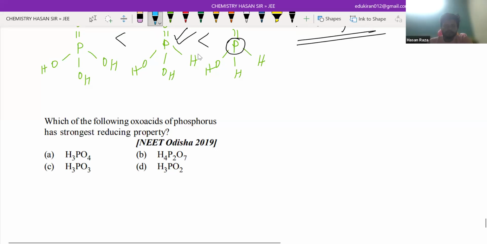Any answer? The strongest reducing property you need to tell me. Oh, very good, Shahid. After drawing a structure, you can easily find out the answer. Very good, Tharif. Any answer from Faiza and Madiha? If you don't get it, just let me know.